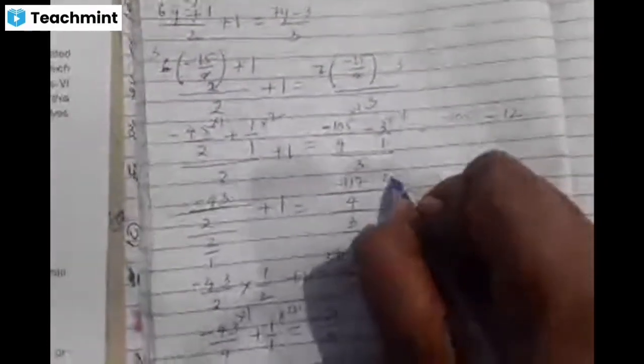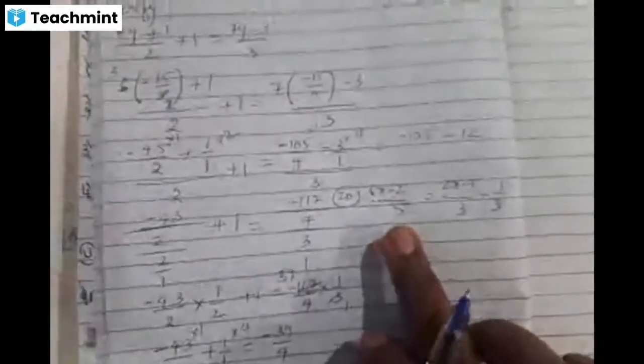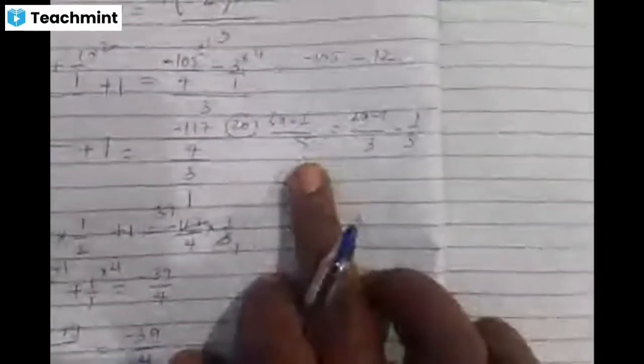Let me solve one more question here. Question number 20. That is 6x minus 2 by 5 is equal to 2x minus 1 by 3 minus 1 by 3. Here, you can do this in two ways, children.